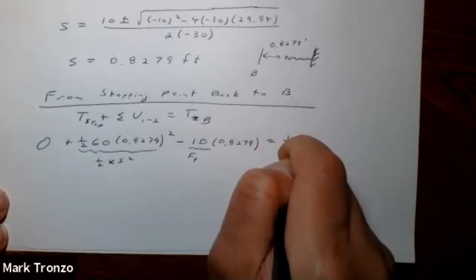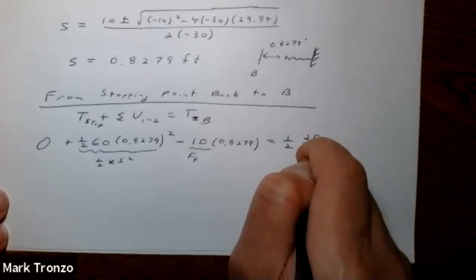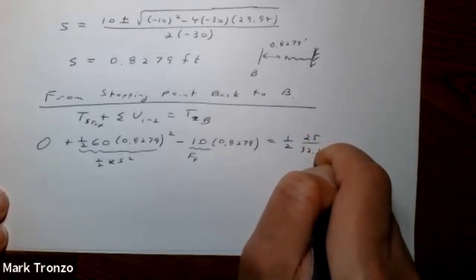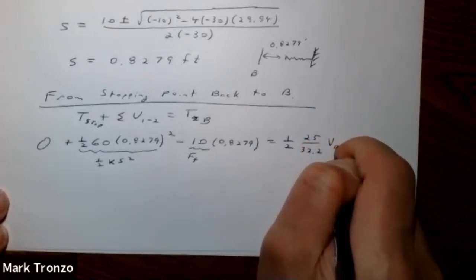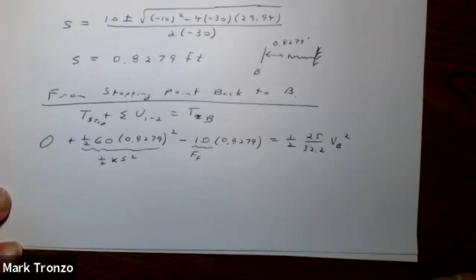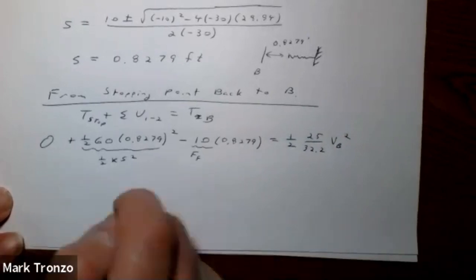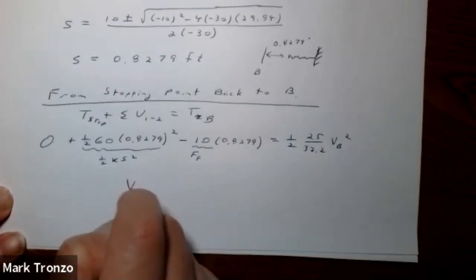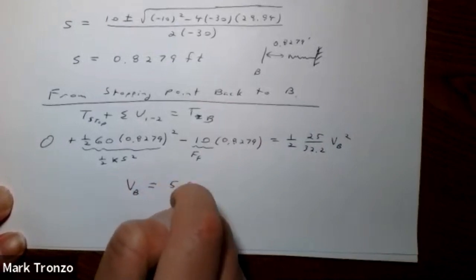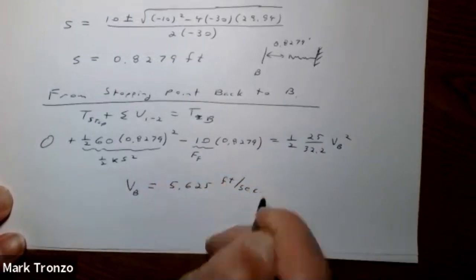And then at point B, it's 1/2 times 25 divided by 32.2 times VB squared. Put that big mess in your calculator and you get VB is 5.625 feet per second.